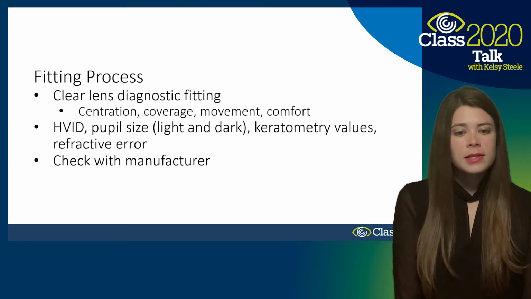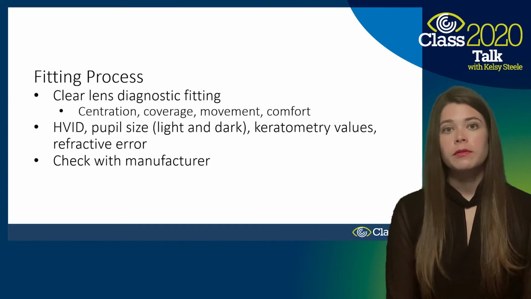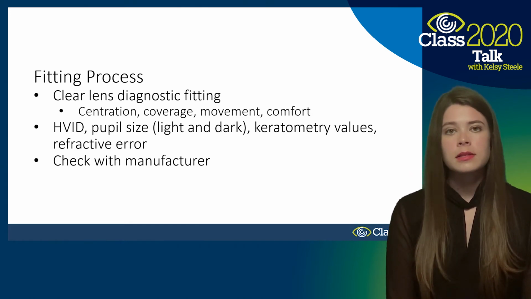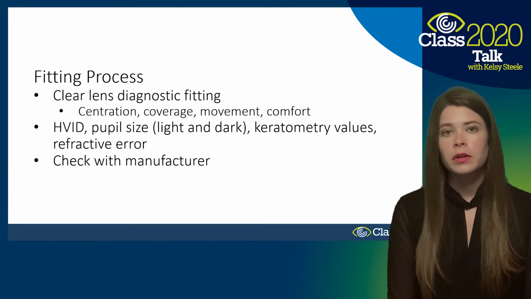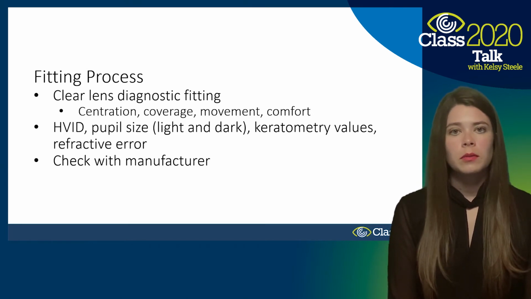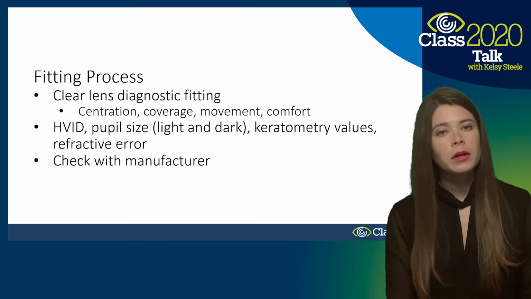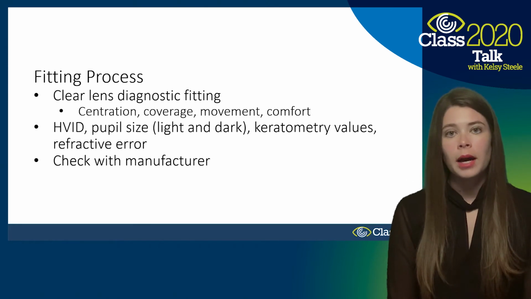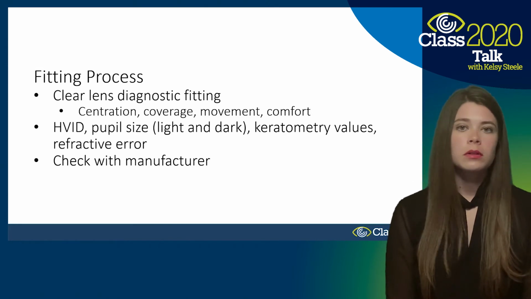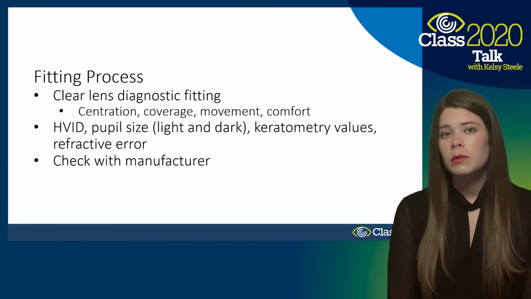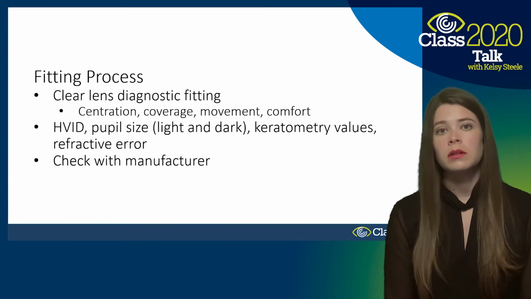So the fitting process, I talked a little bit about that, but for most of these patients, we're just using whatever clear diagnostic lenses we have from our regular spherical fits. So we'll just take something that's in a low power, especially if we're not worrying about a power for the lens, and we'll just look at the same things we look for our normal patients. We're looking for centration and coverage.